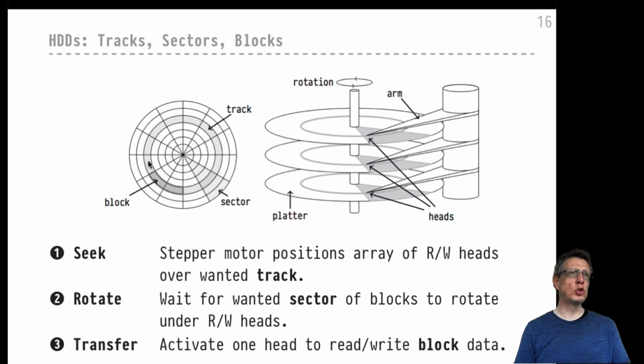This is a view from the top of one of these platters. Okay, so this is the center around which they will spin. This is one concentric ring of space on this particular platter. It's called a track. Okay, so once we've navigated with our read-write head on top of this particular track, because the platter is rotating, we could read the different portions of this track, and the different portions of this track are called sectors.